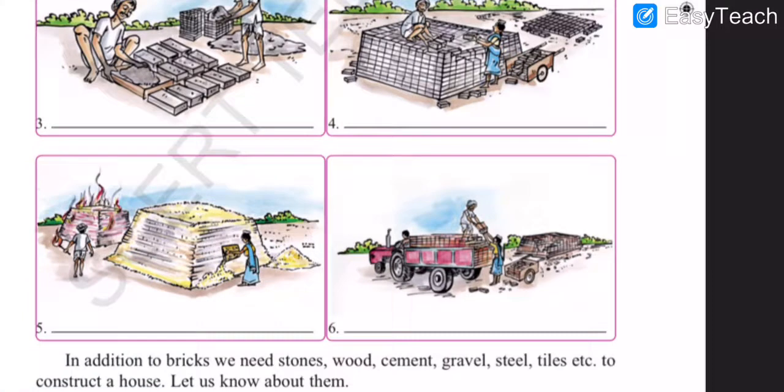In the fifth picture, you can see baking them with firewood or husk. In the sixth picture, that is transportation of bricks in tractor. So the people are transporting bricks in tractor.